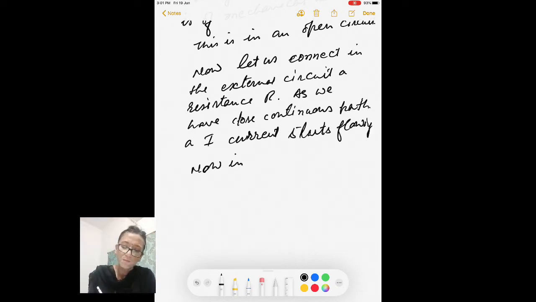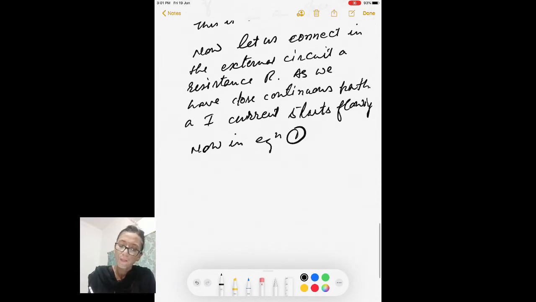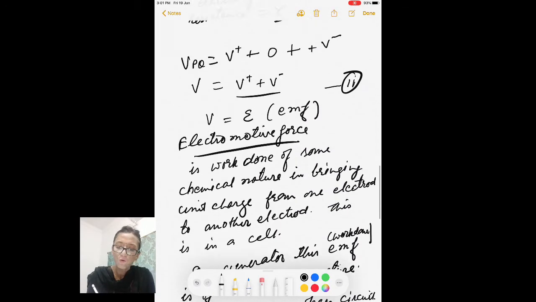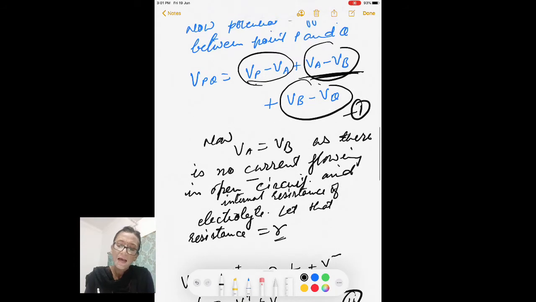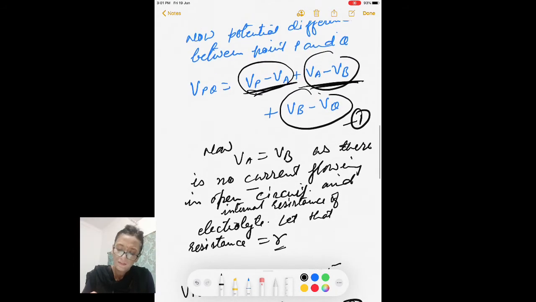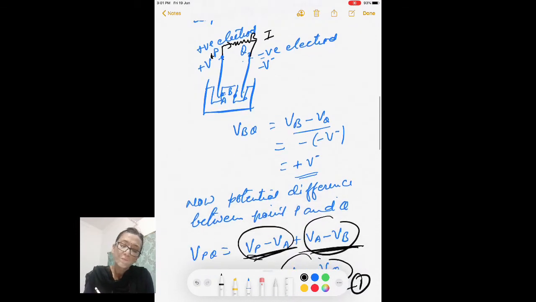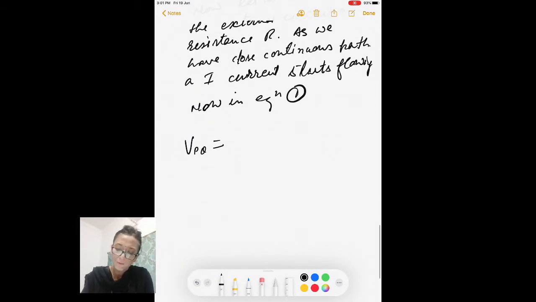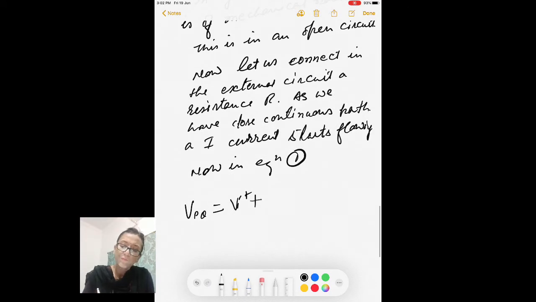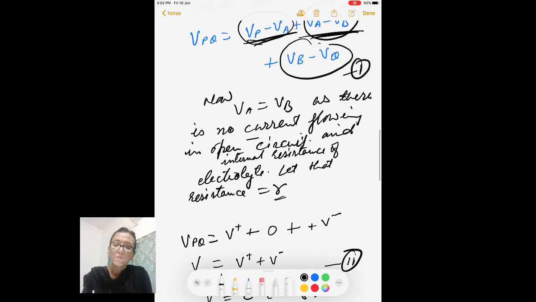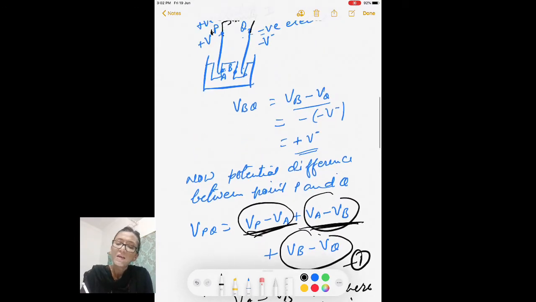Now in equation 1, we have potential difference VPQ is equal to this term, as before, the potential difference between point P and point A, which is V plus, plus this term VAB.